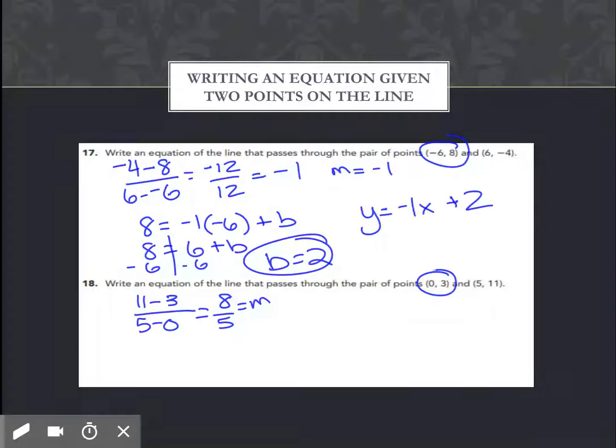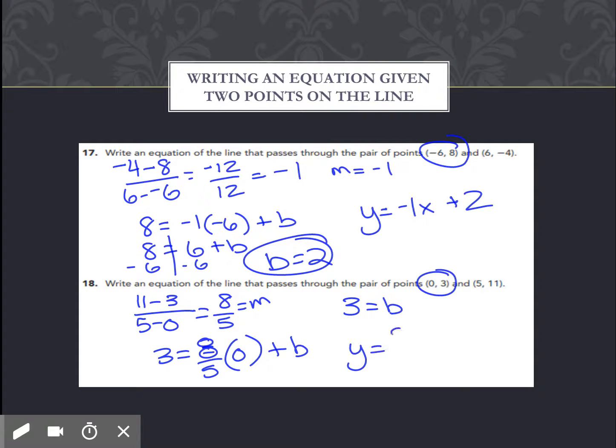So again, I already know my y-intercept because of that point, but I have 3 equals 8/5 times 0 plus b, which you know is 3 equals b. So the equation of our line is y equals 8/5 x plus 3.